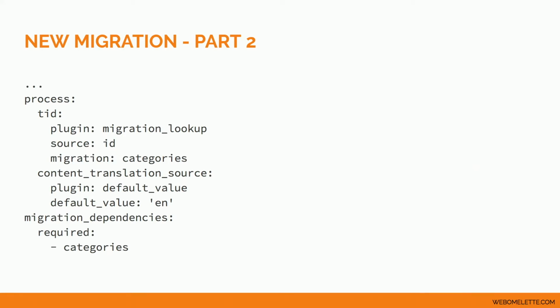And for this, we use the very powerful migration lookup process plugin, which, do you know what it is? Looks up the table. Yeah, to see what's been done already. Essentially, it looks into the ID map table to see, okay, my first term had the ID of 1 in the CSV, got saved with the ID of 10 in Drupal.